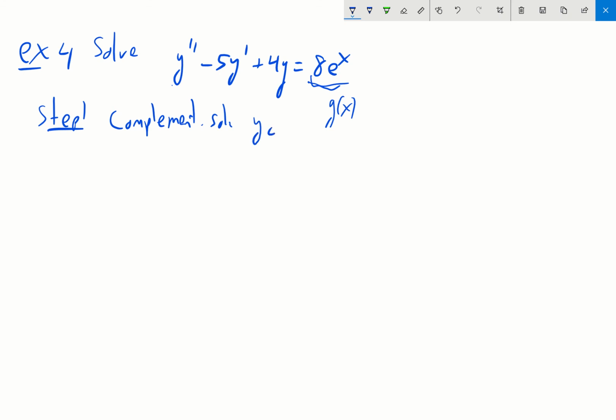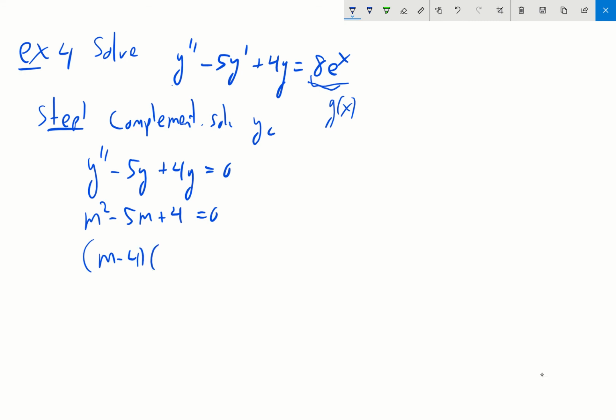So let's solve for y sub c by solving the related homogeneous differential equation. The auxiliary equation would be m squared minus 5m plus 4 equals 0. This factors as m minus 4 times m minus 1, which is equal to 0.